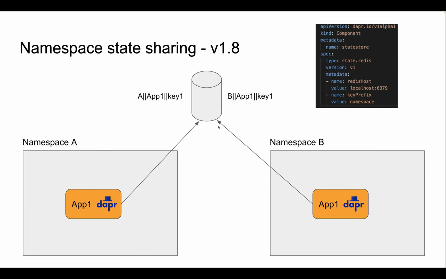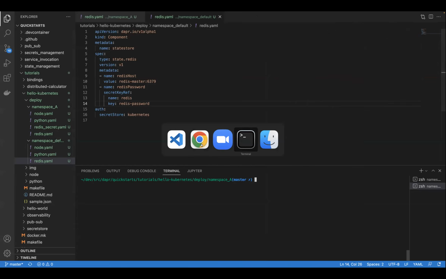And so before this feature, that wasn't easily doable. But beginning with 1.8 with state sharing, you can actually share the same state store between multiple tenants, and then have Dapr manage everything for you, where you don't need to change anything in particular regarding your naming schemes. Okay, so let's see a small demo of how this is actually done in practice.